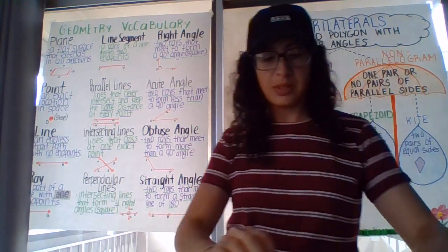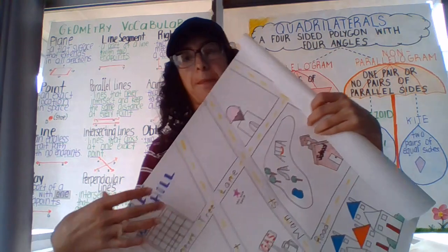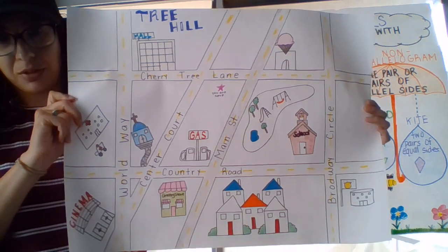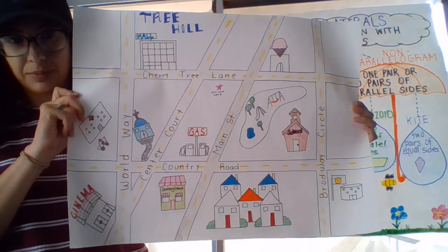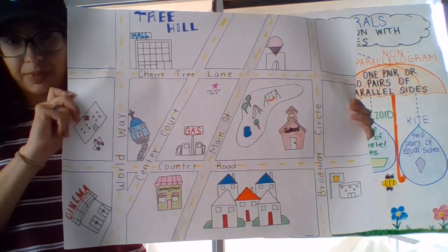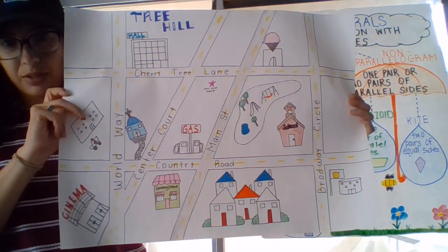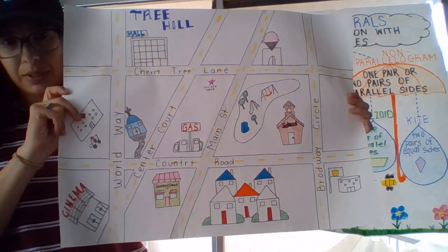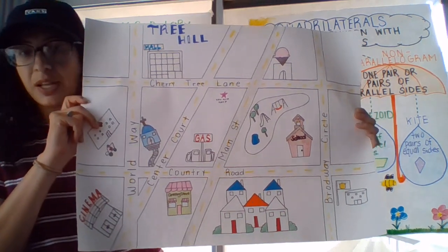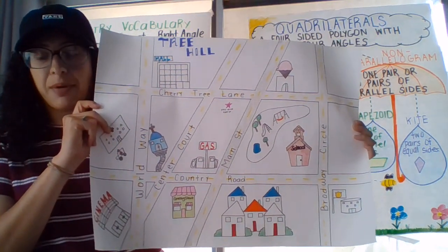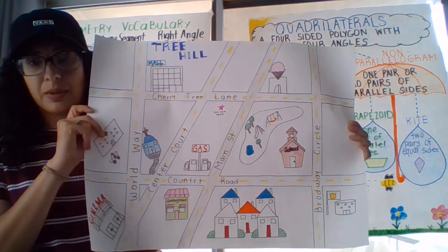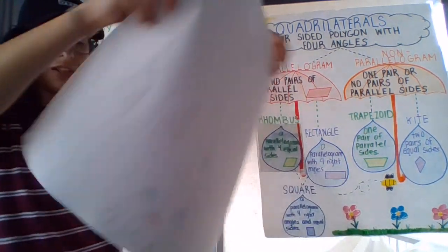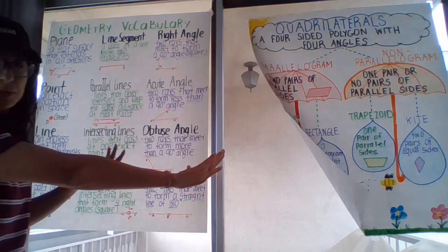Now, here is mine. Let me get it as close as I can so you can see. Okay, I'm going to let you look. I'll explain right now. My map has some stuff that I didn't mention, and I'll explain why right now. I hope you guys are okay with this because I'm about to move this off.